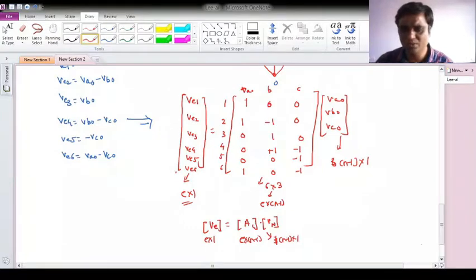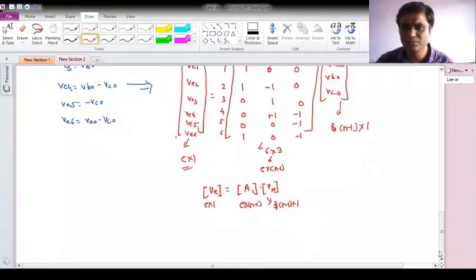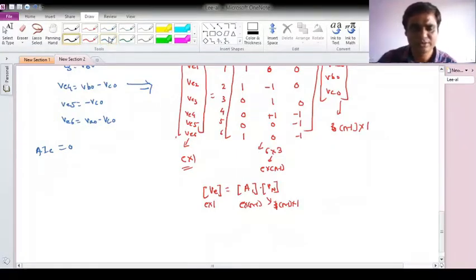Now again let me write the A which we have obtained. What was that? That was A into IE, which was 0. So let me write that, and let me relate this A with A1. So what was A? Basically it was 1, 1, 0, 0, 0, 1. Then next was 0, minus 1, 1, 1, 0, 0.